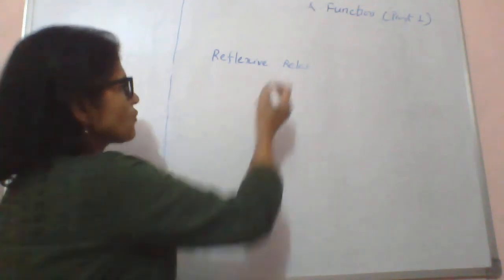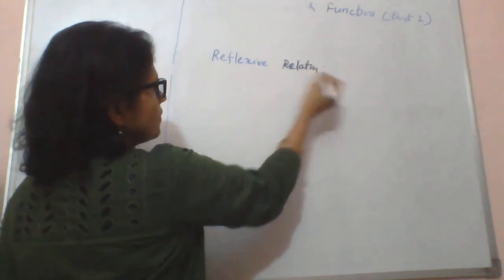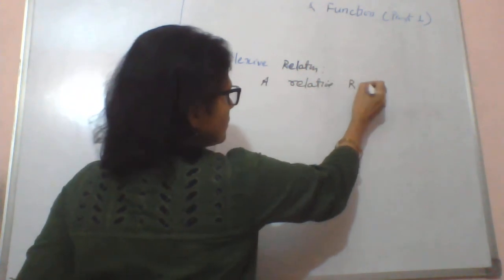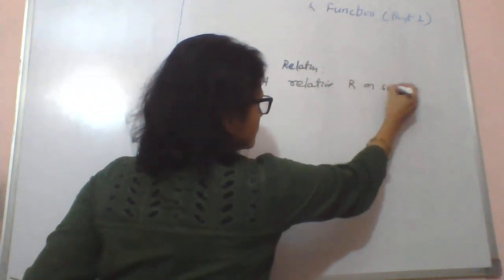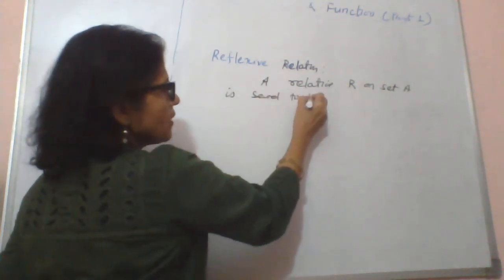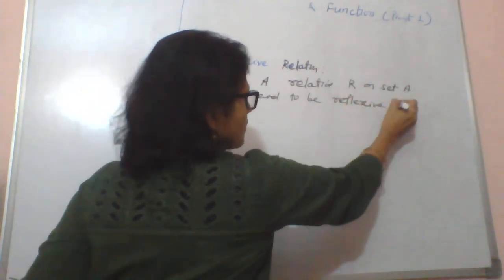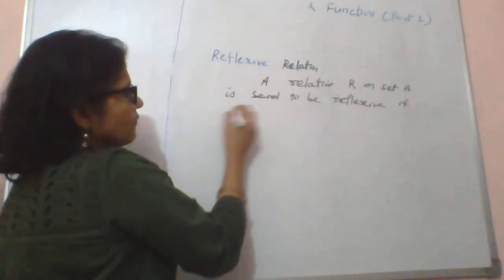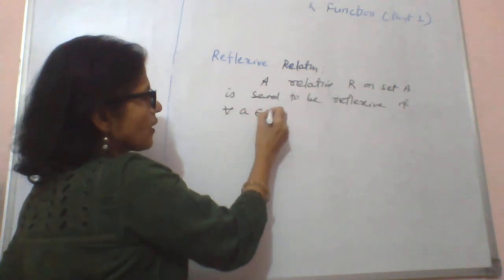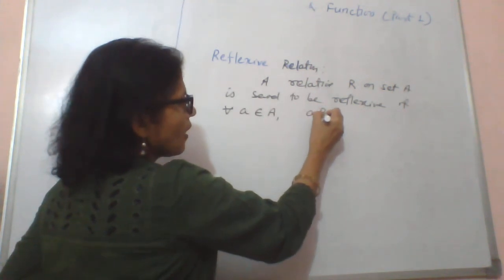So what is a reflexive relation? A relation R on set A is said to be reflexive if for all a belongs to A, a R a.